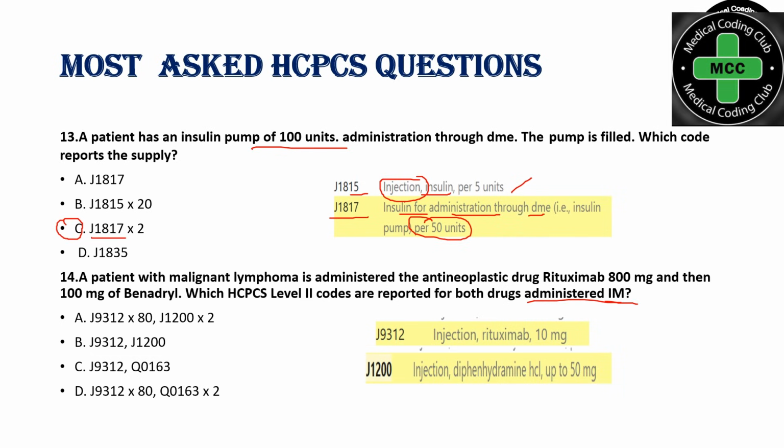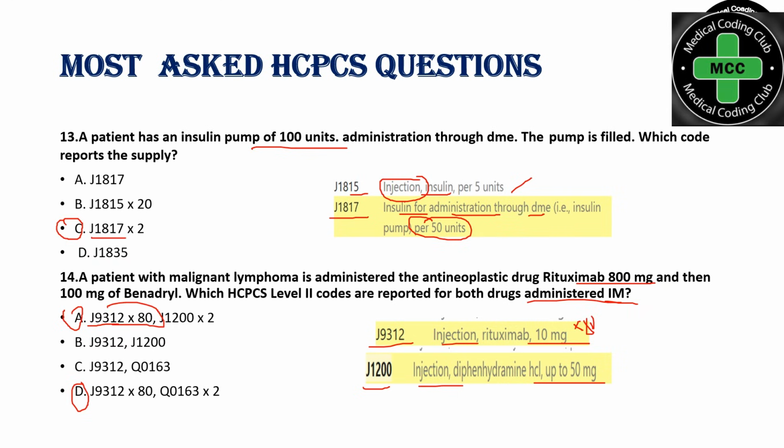You can check these codes: J9312, injection, 10 mg, and J1200, injection, up to 50 mg. Check the question and choose between option A and option D. So J9312 times 80. Since J9312 carries only 10 per unit, and here they have given 800, 10 times 80 gives 800. So this option is correct.